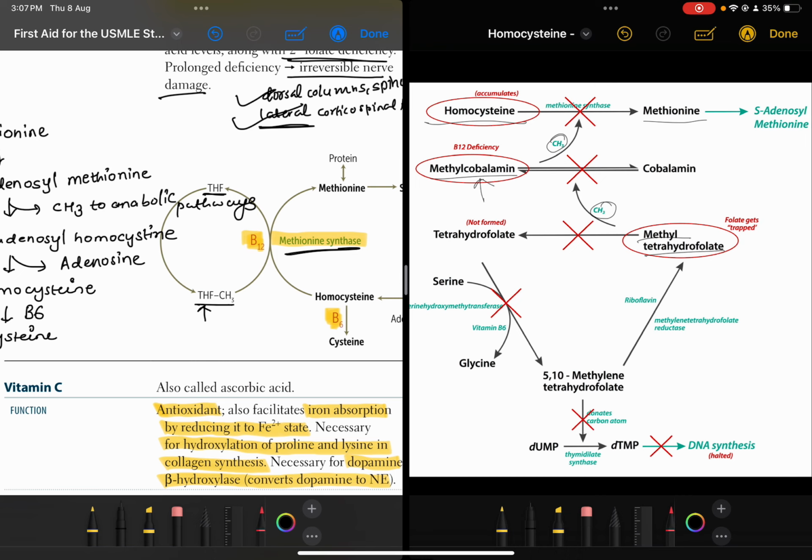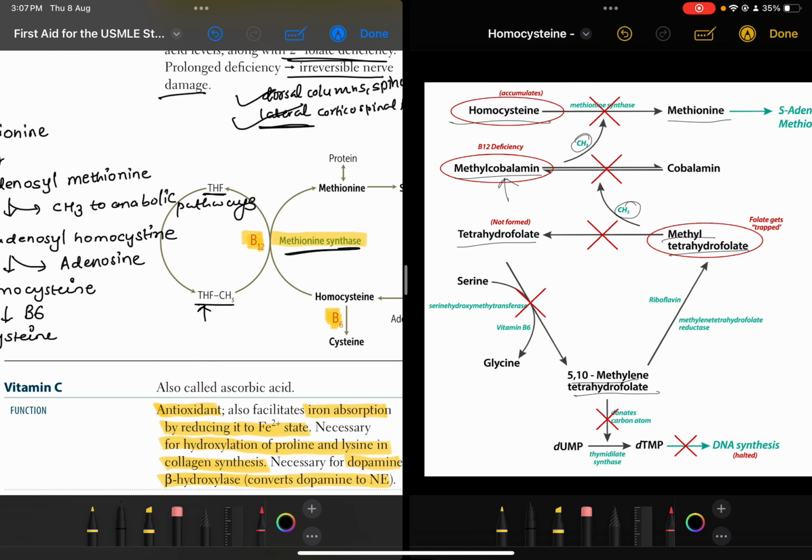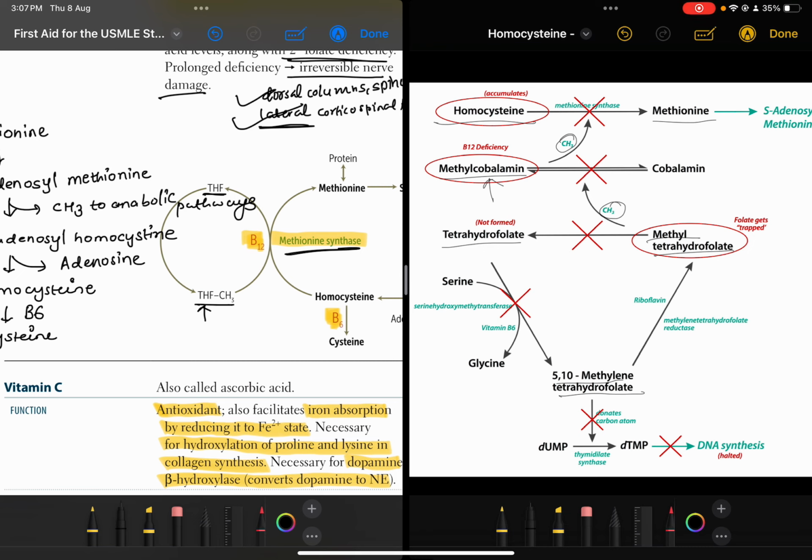Now this methyl tetrahydrofolate will be converted into tetrahydrofolate, and this will again get converted into 5,10-methylene tetrahydrofolate by the enzyme serine hydroxymethyltransferase. It will transfer a group from serine to this folate, and glycine will be formed with the help of vitamin B6.